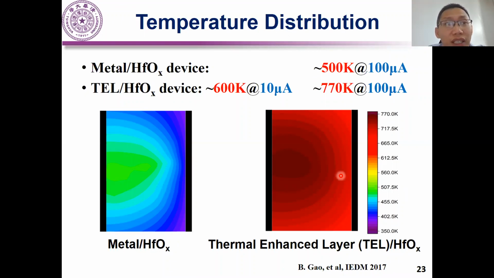We call this material the thermal enhanced layer, or TL. It is a submetal oxide with low thermal conductivity and high electrical conductivity. We can see with this TL, the internal temperature increased significantly from 500 K to nearly 800 K.